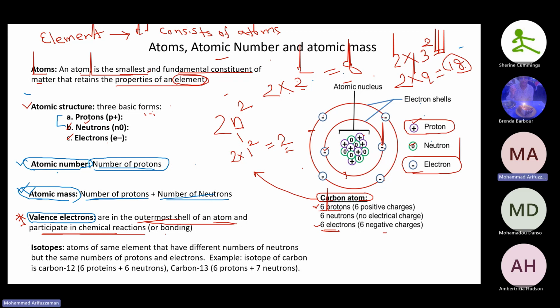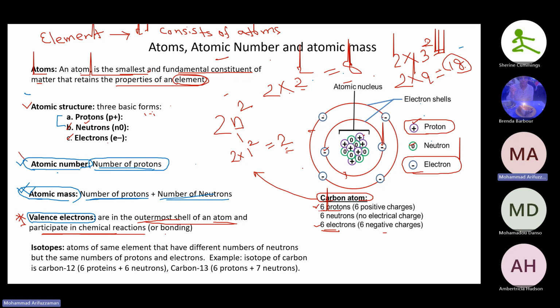The atomic shells, or atomic cloud, surround the nucleus and contain the electrons. The inner shell can hold 2 electrons, and the second shell can hold a maximum of 8 electrons. This is the distribution of electrons.